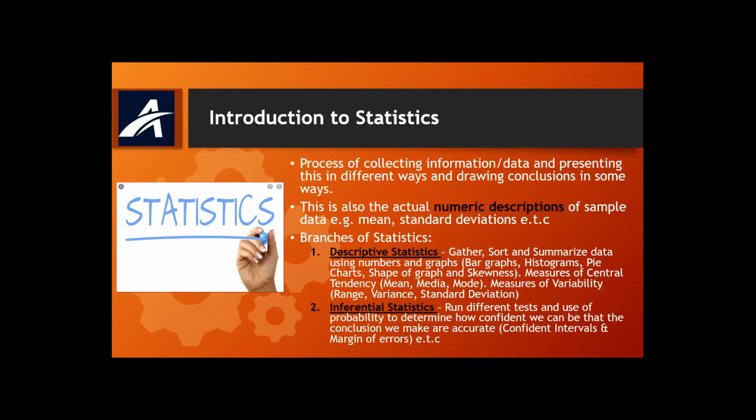So if you want to dispute whatever inferential conclusion someone else has come up with, you have to do exactly the same thing: do a study, sample the data, and come up with conclusions. If it differs, then you can conclusively make a counter statement.